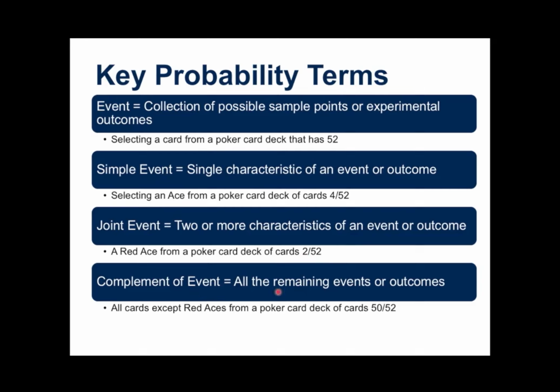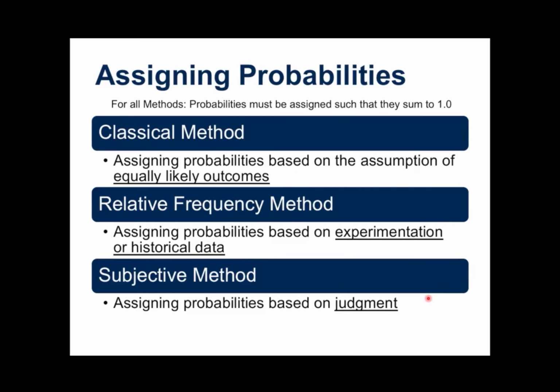The complement of an event is going to be all the outcomes that are outside of that. So in the case of, again, the cards, all cards except red aces. In a poker deck, there's only 2 red aces in the deck, so 50 out of 52 would be the complement of the event. So these are just some terms to have in mind that you'll see in the literature and in the text or other things that you might read about it.